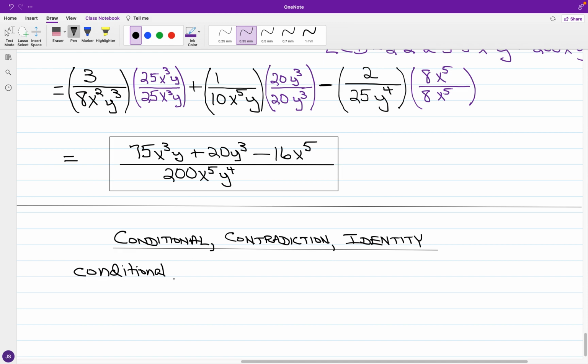Now for a conditional, a conditional is going to be an equation with a limited number of solutions.